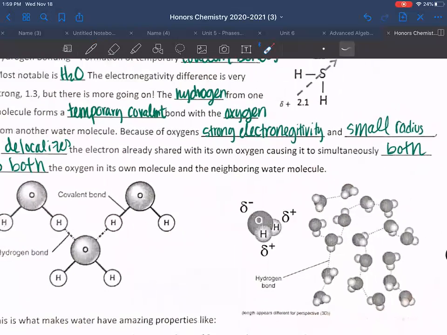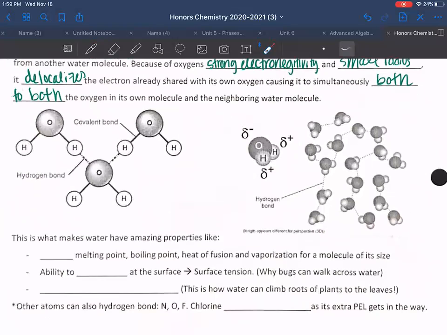Okay. So this is what makes water water. This is why water is so important, its properties have a lot to do with the size of the molecule corresponding to how it interacts with itself. And so this is why there's such a high melting point, boiling point, heat of fusion, and vaporization for a molecule that's as small as water.